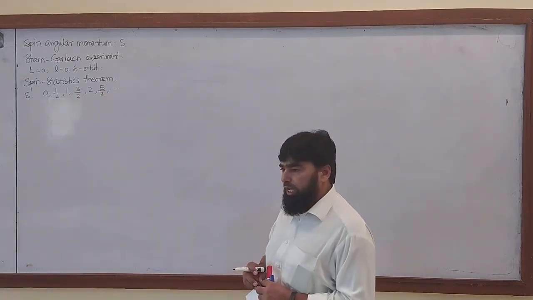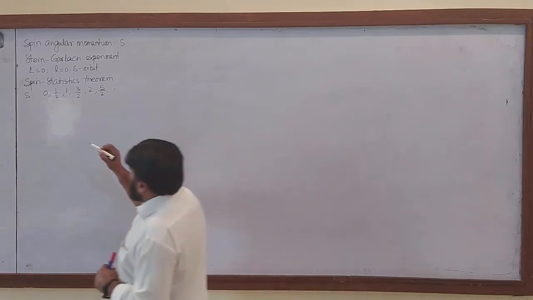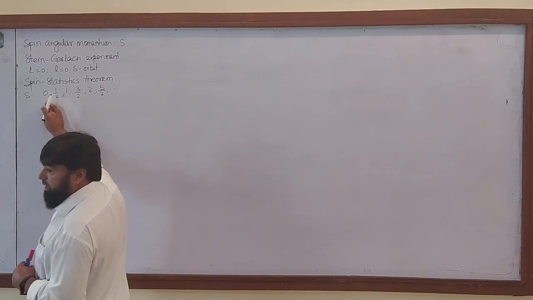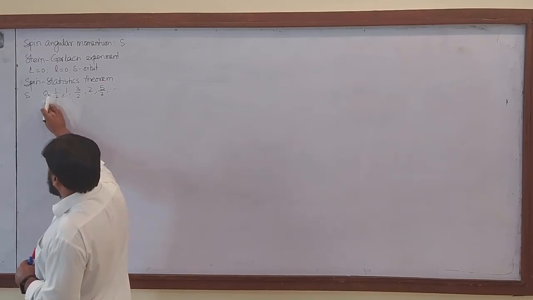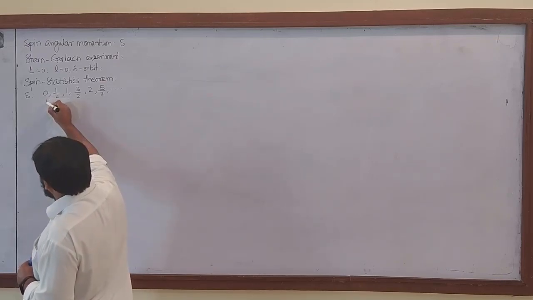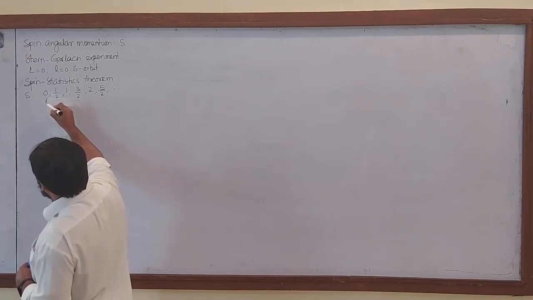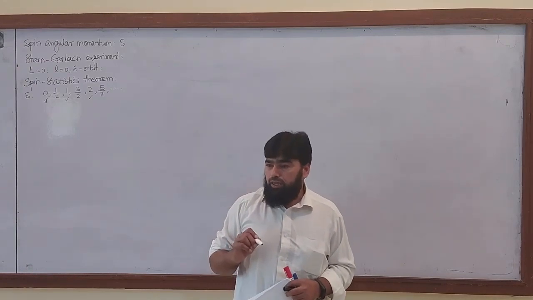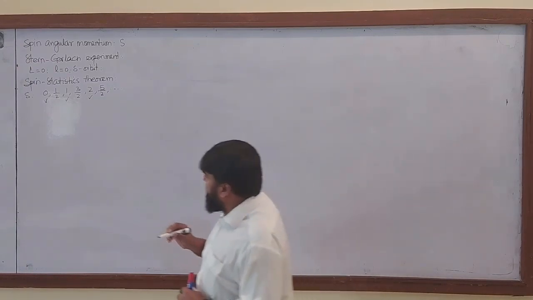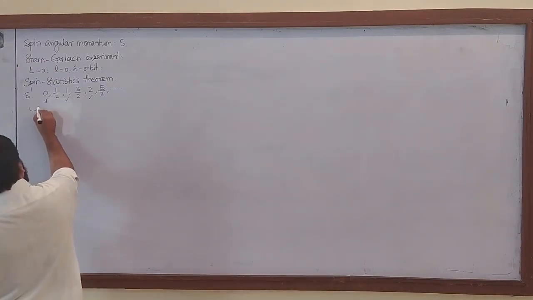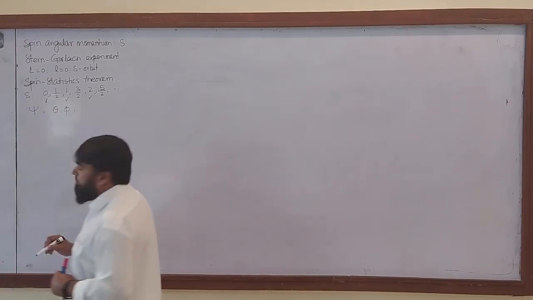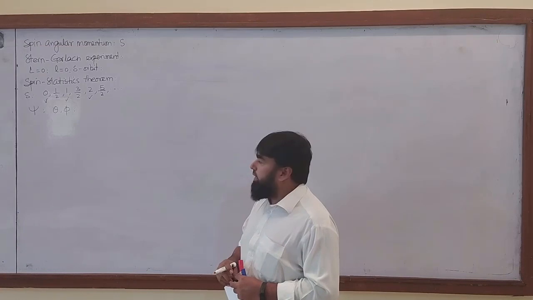With the help of mathematics, the solution of the Schrödinger equation, we came to know that the orbital angular momentum can only take integral numbers, and that depended on theta and phi, the spherical harmonics that we did.